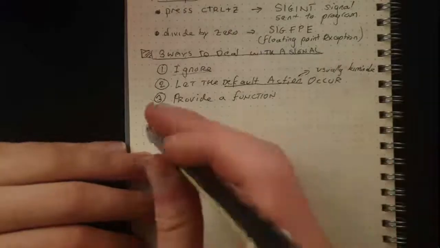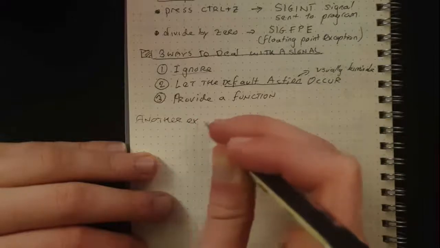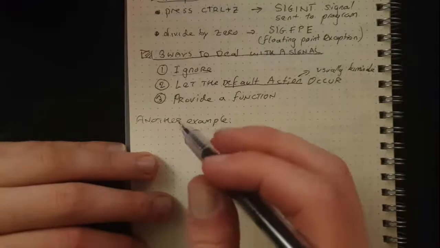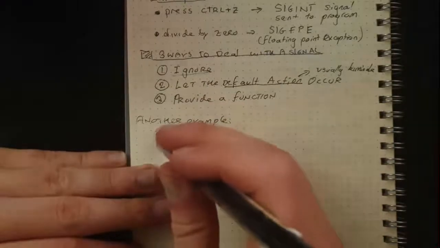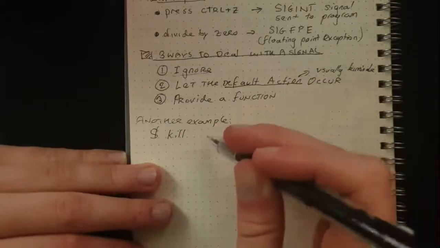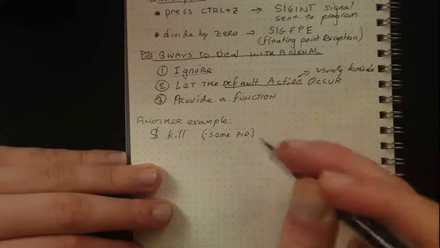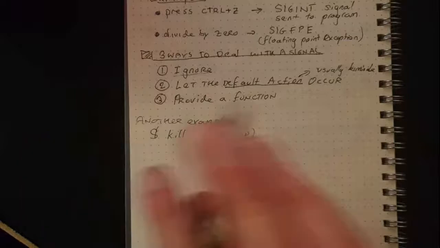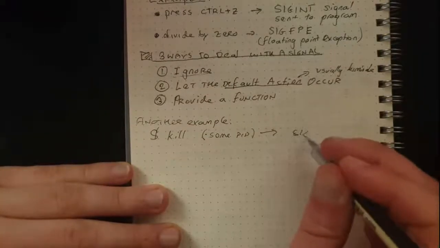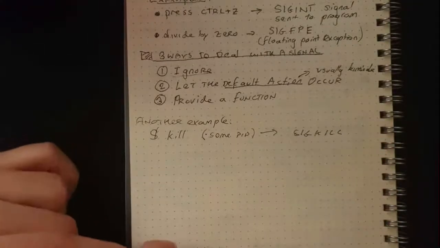Some more examples: you can do kill for the function, and I'll just call SIGKILL or whatever else.